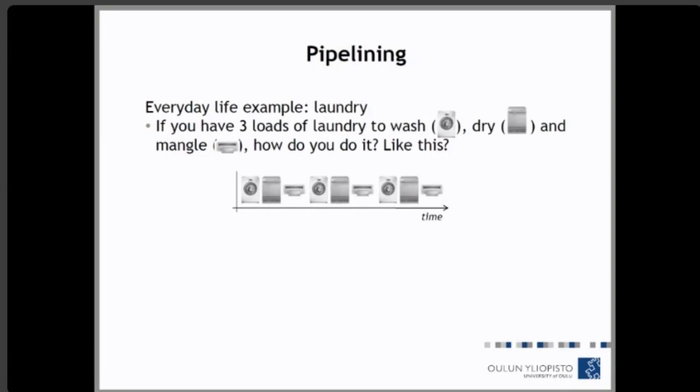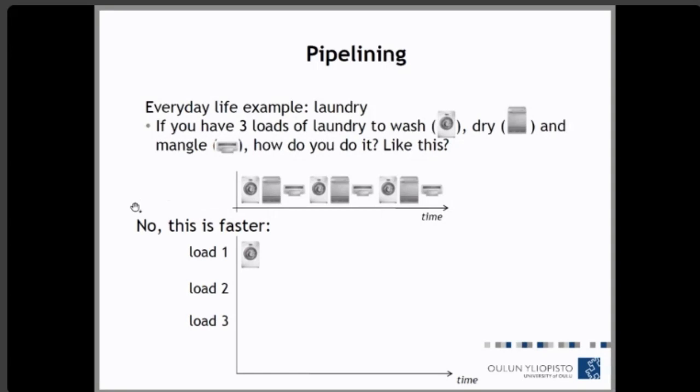And then the next person comes into the laundry room and uses the washing machine, and then the dryer, and then mangling, and so on and so forth. So when the first person is inside the laundry room, and for example is using the washing machine, nobody is able to use the dryer and the mangler. And when the person is using the dryer, nobody is able to use the washing machine. But this is very inefficient.